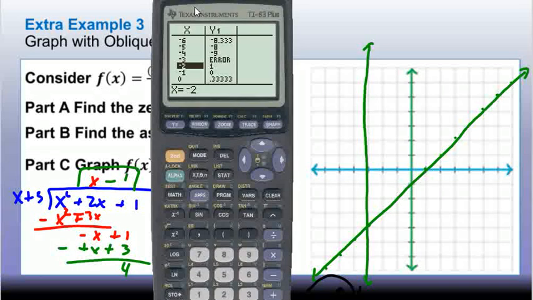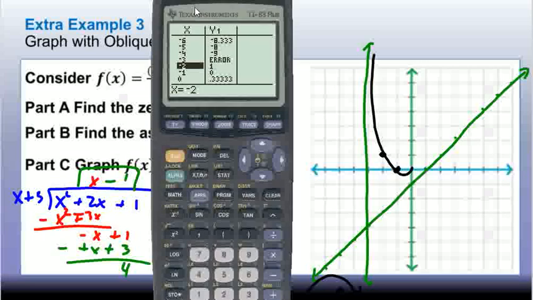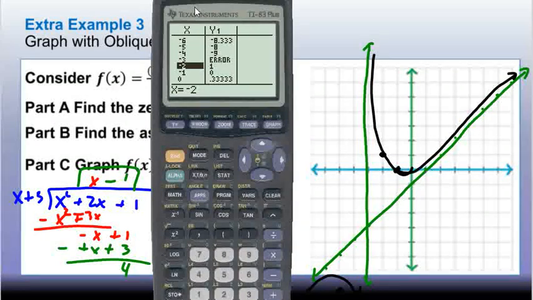So -2, 1 is here. We have -1, 0 here. We have 0 and 3.3. So this one's going to come down, wrap around, and then come back up this direction. So that's just a rough graph of it.